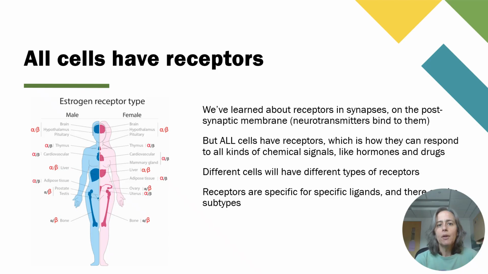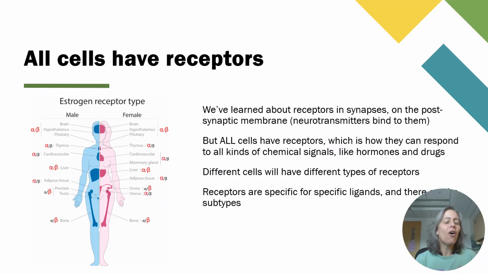The other thing that I want to point out is that all cells have receptors. So we've been talking a lot about synapses because we've been talking about the nervous system. So that's pretty darn important. And so we've been talking about those receptors for neurotransmitters that are present on the postsynaptic membrane, yes? And they could be ionotropic or they could be metabotropic.